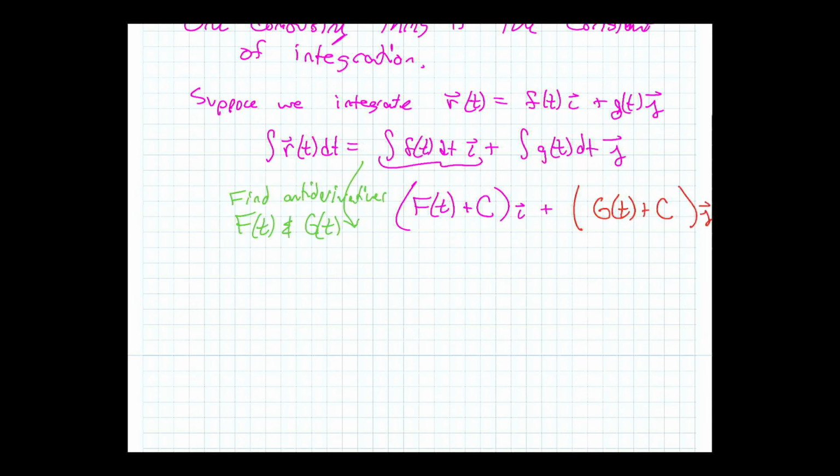And there's no reason why this constant should be the same constant. So this is actually a C1 and the other one is a C2, right? They don't have to be the same.